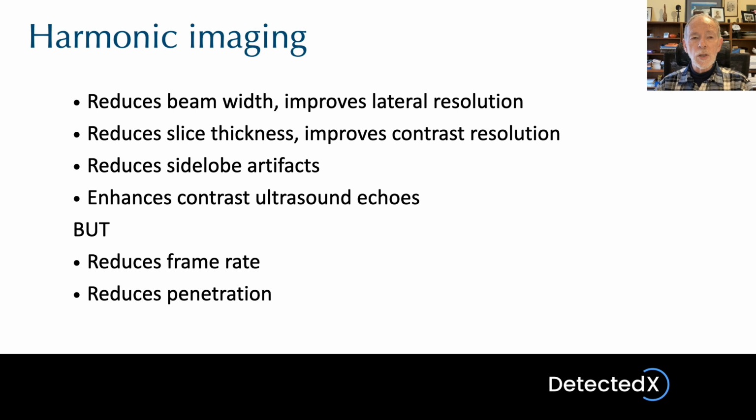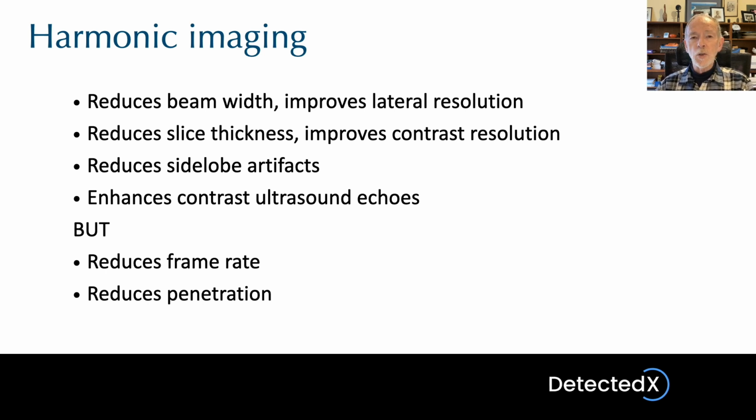Harmonic imaging also reduces some other artifacts, in particular side lobe artifacts. Note, by the way, that it doesn't affect the speckle pattern significantly. And then, of course, we've seen that harmonic imaging greatly enhances echoes from ultrasound contrast agents. So these are all useful properties.